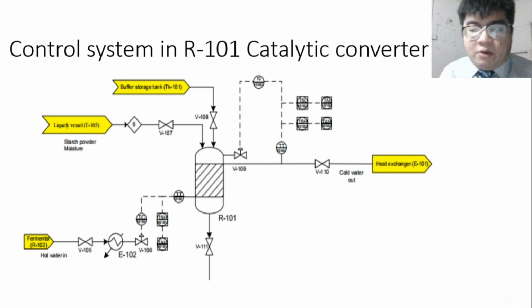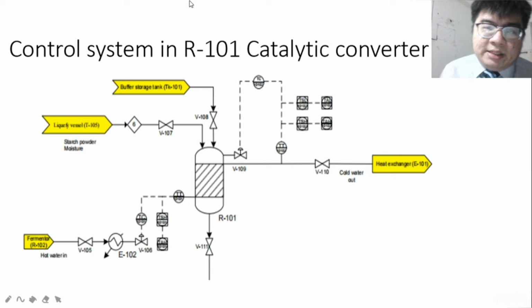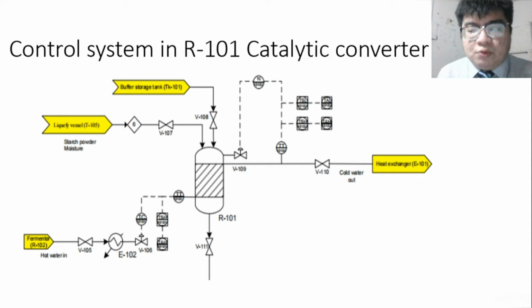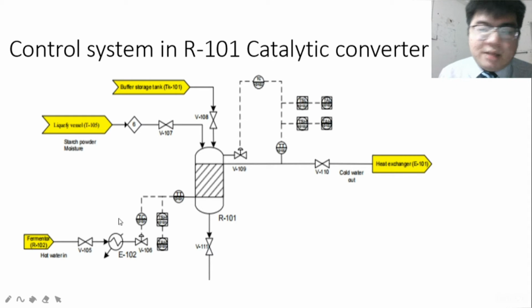Then have a look at the control system for the catalytic converter R101. In the previous process, the corn starch is mixed with water and goes to the catalytic converter to convert the starch to glucose by glucoamylase. This process is carried out at a temperature of 55 degrees Celsius, where it is heated up by the water stream.